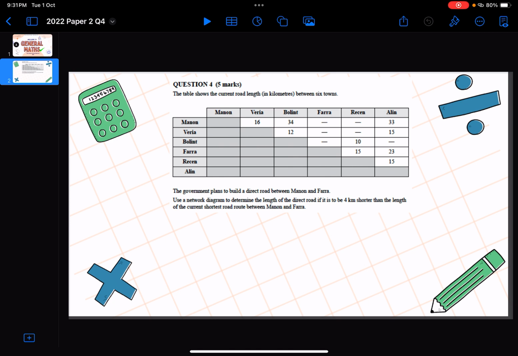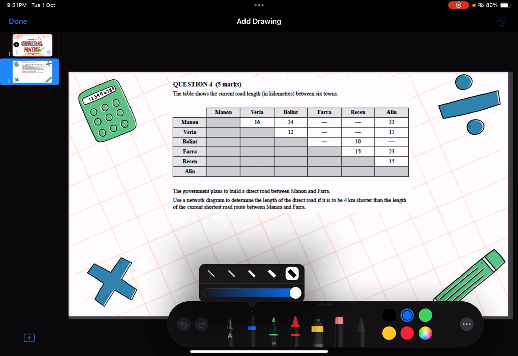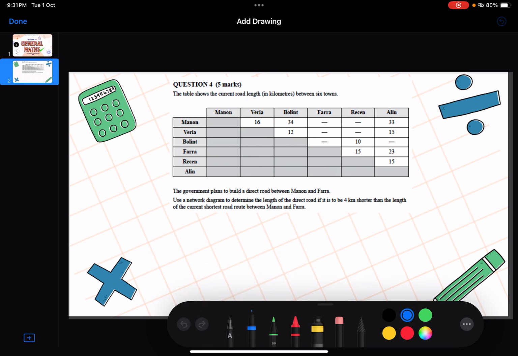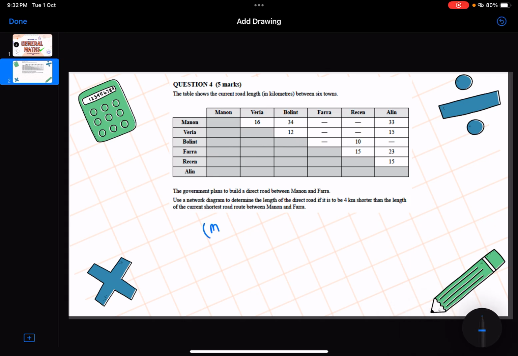So the first thing that we need to do from this table is draw up a network. I've got a total of 6 towns, so first of all I need to draw the 6 towns on my network. We'll start off with Menin, and I'll put that in a circle. We've got Veria, so we'll put Veria in a circle as well.